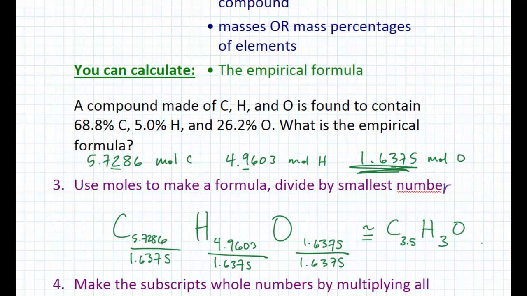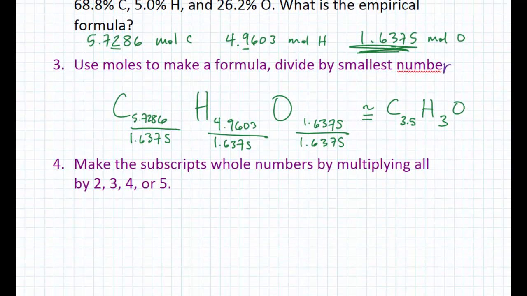Okay? So all that process did was simplify those 3 mole values to a ratio where our lowest value is represented as 1. Then all we have to do, if necessary, is make all those subscripts into whole numbers by multiplying by the smallest value possible. So what would I have to multiply all of those subscripts by to make them all whole numbers in this case?